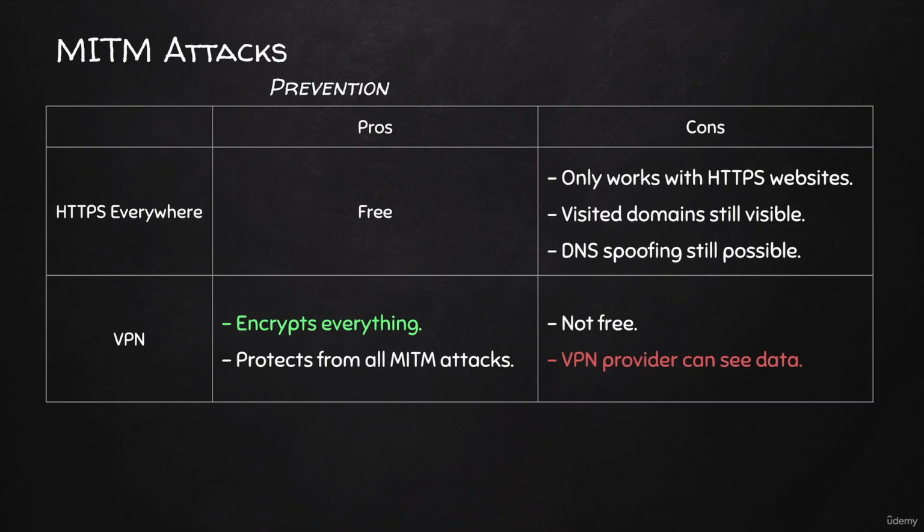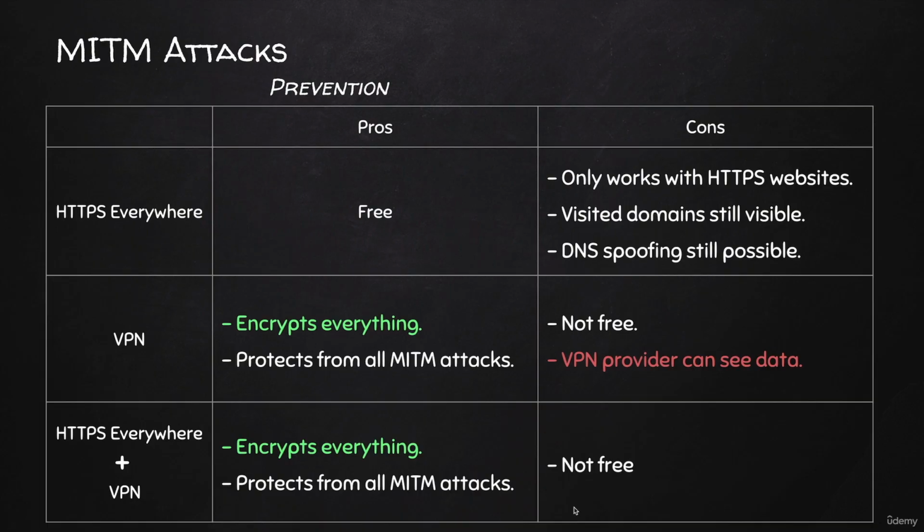The other problem with the VPN is that the VPN provider can see your data, so you're introducing a man in the middle. But we can take this one step further and use HTTPS Everywhere with a VPN. And with that, we're getting all of the benefits of using a VPN, so everything gets encrypted, protecting us from all man-in-the-middle attacks, but without the problem of the VPN provider being able to see our data, because our data will be encrypted with 2 layers.